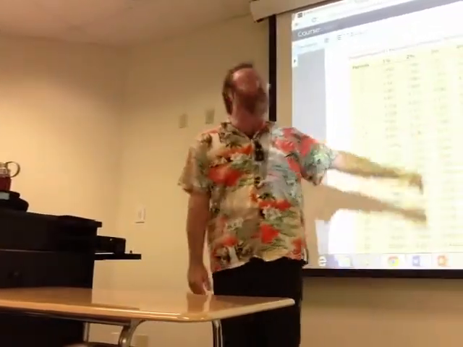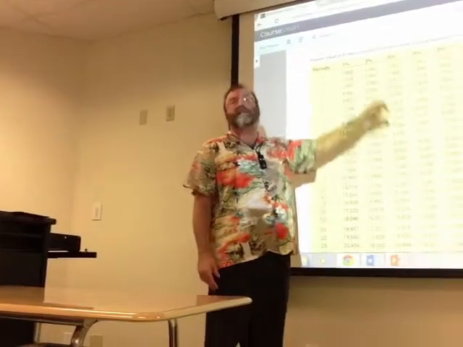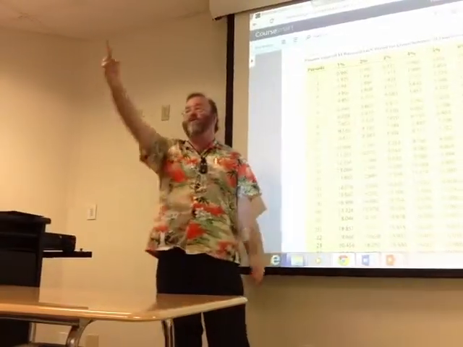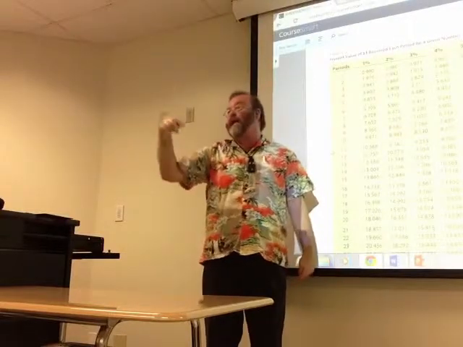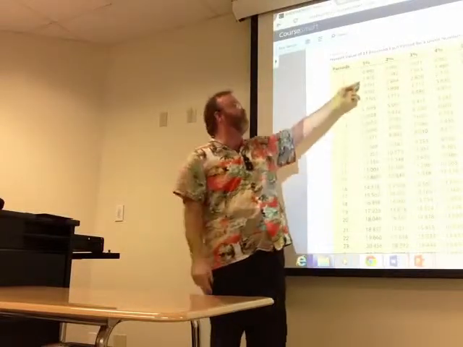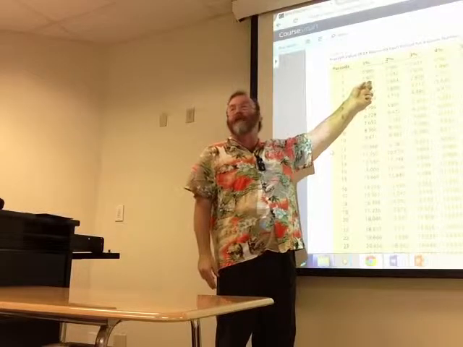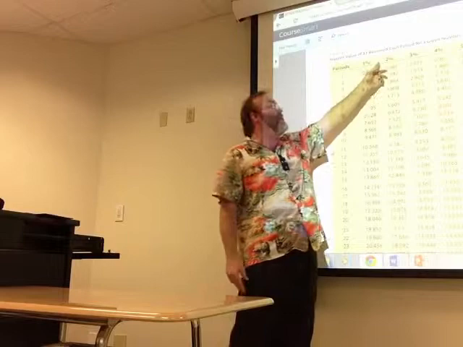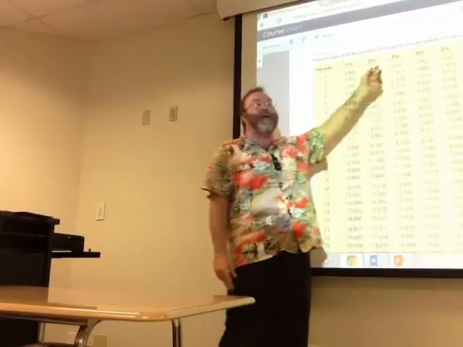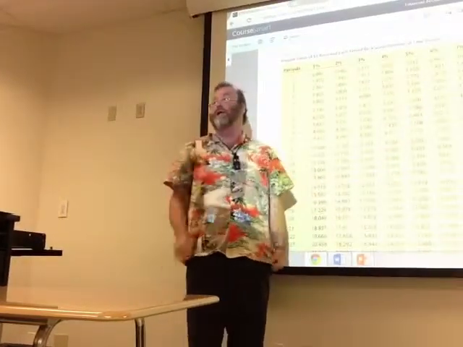But look at row number 2, 1.97. Do you remember what the first two were? 0.99 and 0.98. If you add those two together, you get 1.97. That's all table number 2 is doing, is adding together all of the factors that are in table 1.